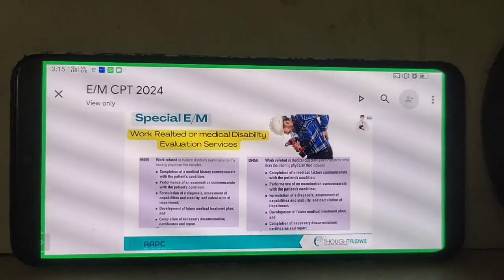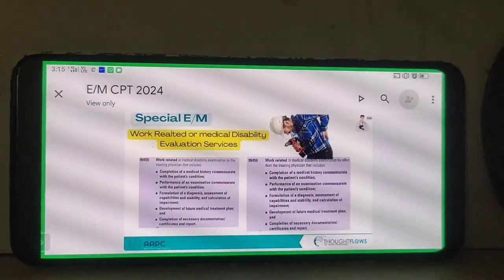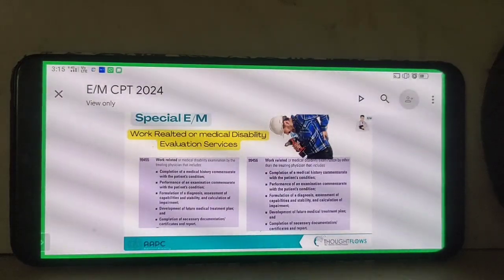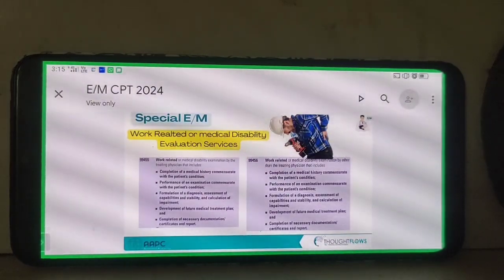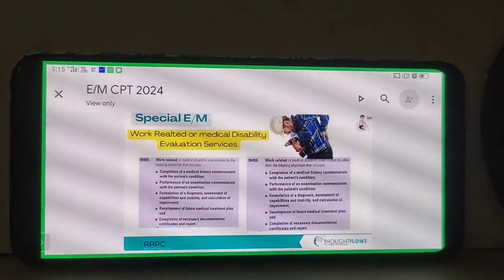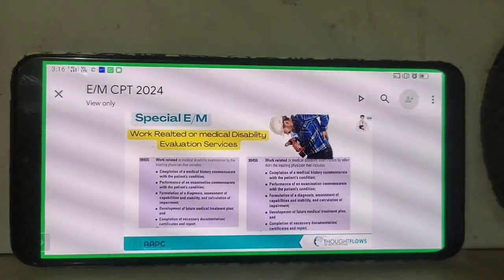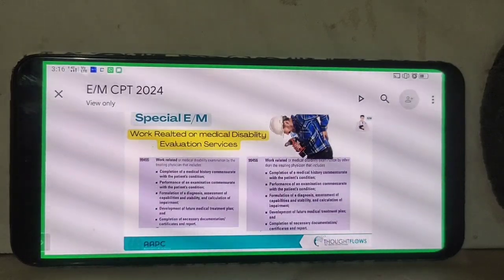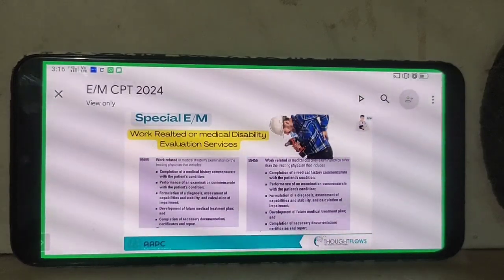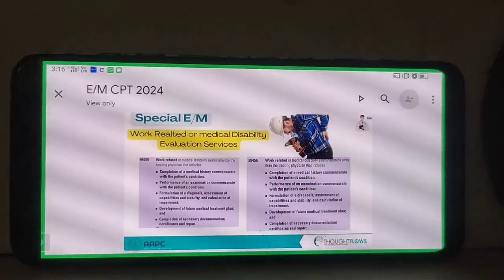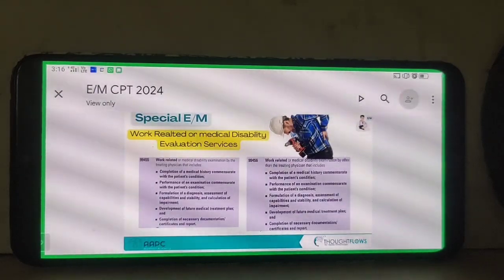For example, if a patient works in a leather factory, we have to test the patient based on the skin, because if a patient works in a leather factory, they definitely suffer from skin disease. So for that patient, we are giving a skin-related test and a skin-related evaluation.